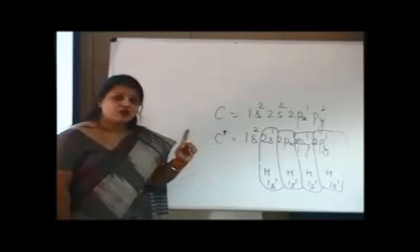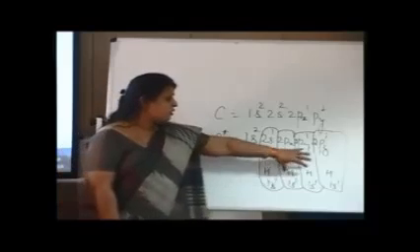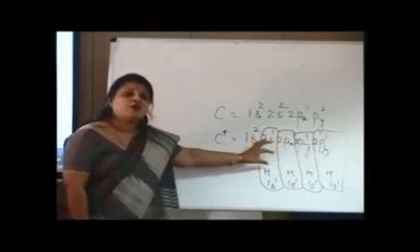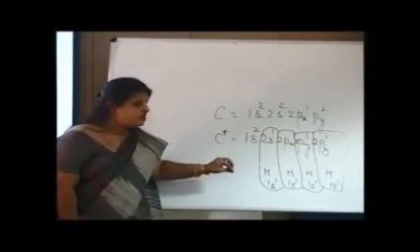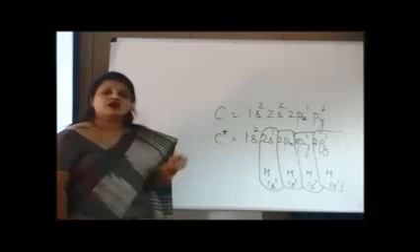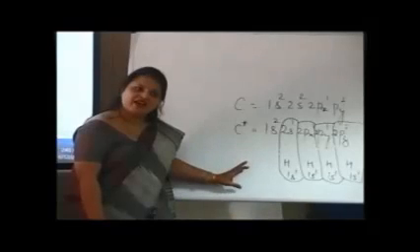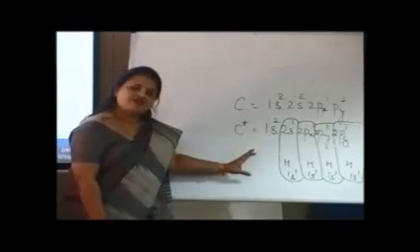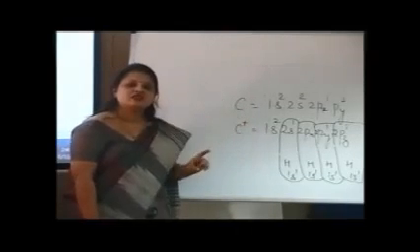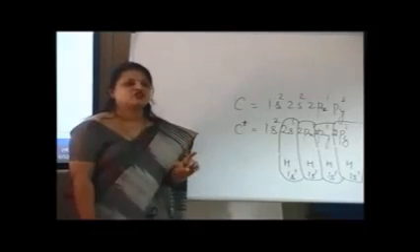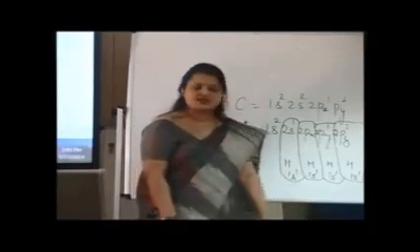Whereas on this basis, we are not getting equivalent bond lengths, we are getting 3 bonds of one nature and 1 bond of another nature. But experiment shows that this is not the case. All the 4 bonds are equivalent to each other. That means there was some problem with Pauling's way of explaining the shape. That needs to be modified, that needs to be rectified, and hence the concept of hybridization was introduced.